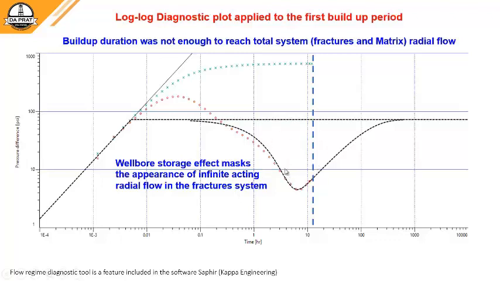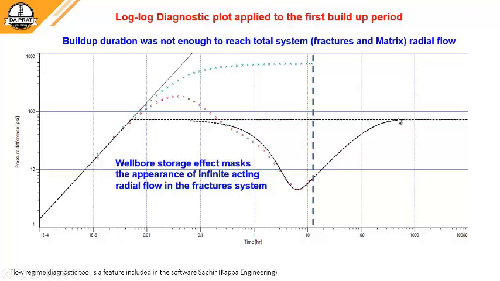Okay, so according to this tool here, we're expecting to see the infinite acting radial flow for the total system at about 700, 800 hours. Probably you won't decide, maybe your test is like this one here in real practice.